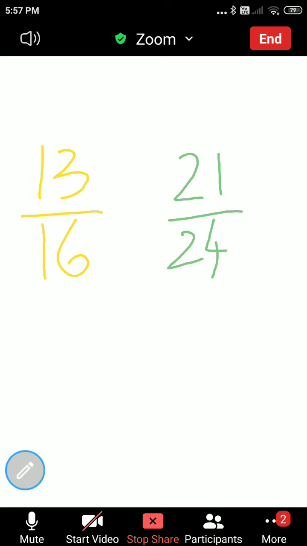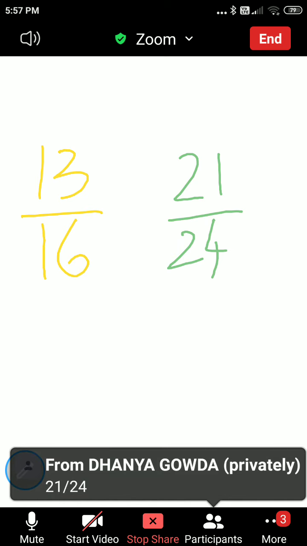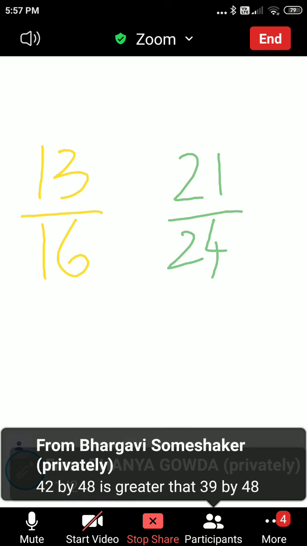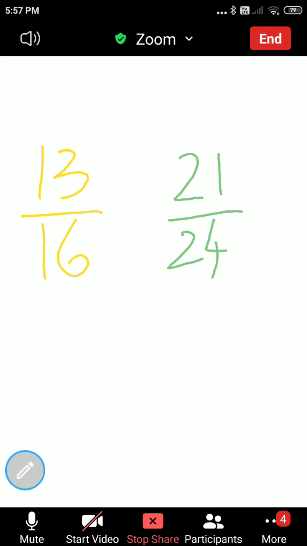Who is that? Find which fraction is bigger. Which is bigger? Correct. So the final answer should be, Bhargavi, with the original fractions.